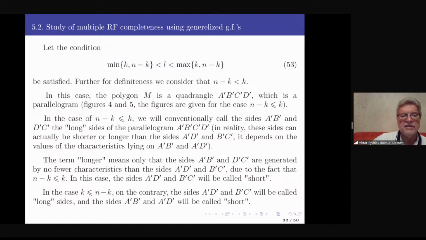In this case, the sides A prime, D prime, and B prime, C prime will be called short. In the case k is less than or equal to n minus k, on the contrary, the sides A prime, D prime, and B prime, C prime will be called long sides, and the sides A prime, B prime, and A prime, D prime will be called short.